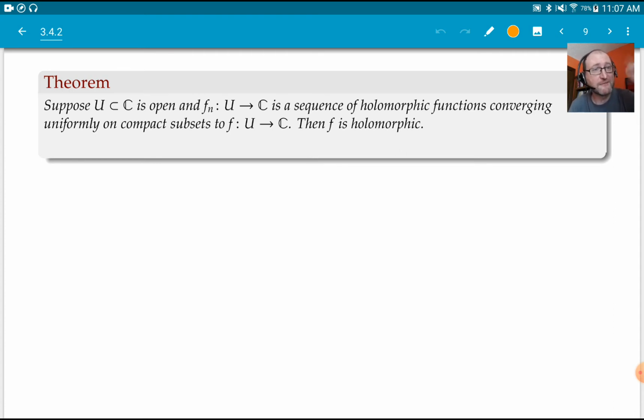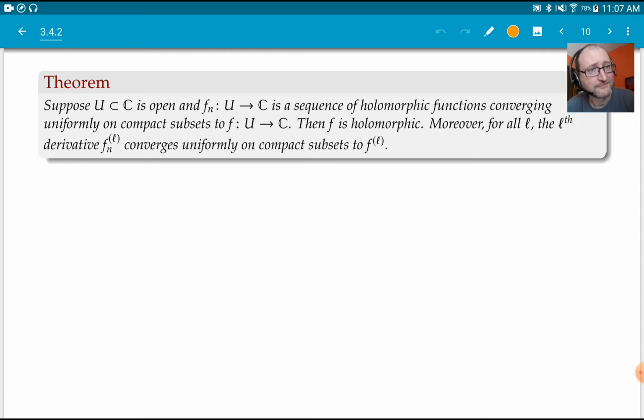This is an amazing thing that happens: once you get that these guys converge uniformly to some f, not just that f is holomorphic, but actually all the derivatives immediately also converge to the derivatives of the limit. The limit is holomorphic, so it has all these derivatives, but you automatically get this uniform convergence.